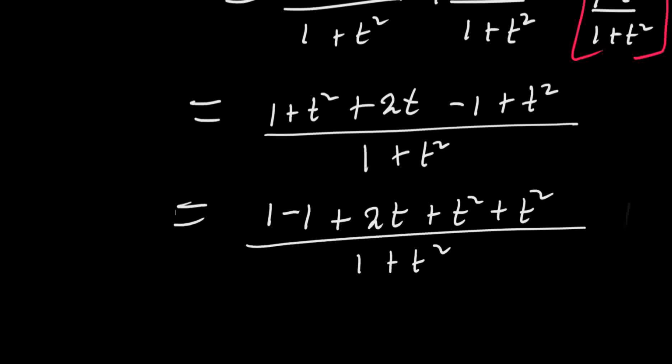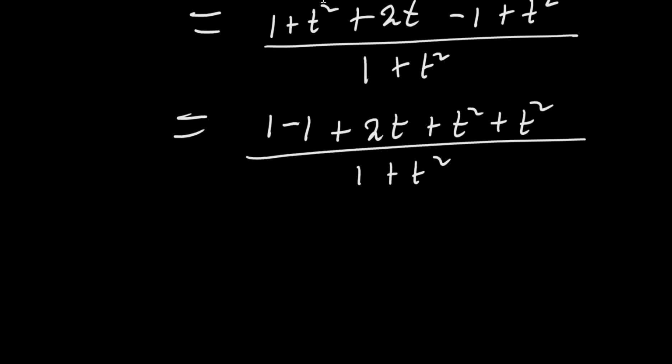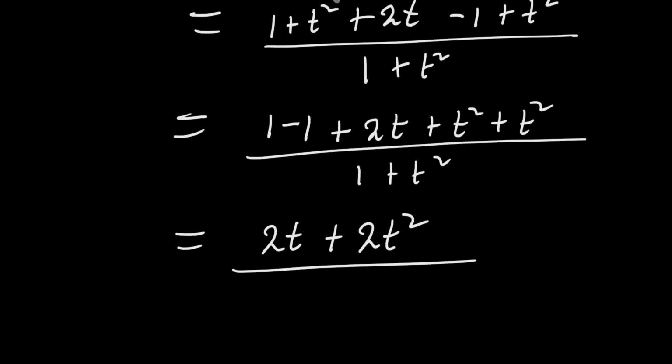Just combining like terms. So plus 1 minus 1 will be out. So this will be equal to 2t plus 2t squared over 1 plus t squared.